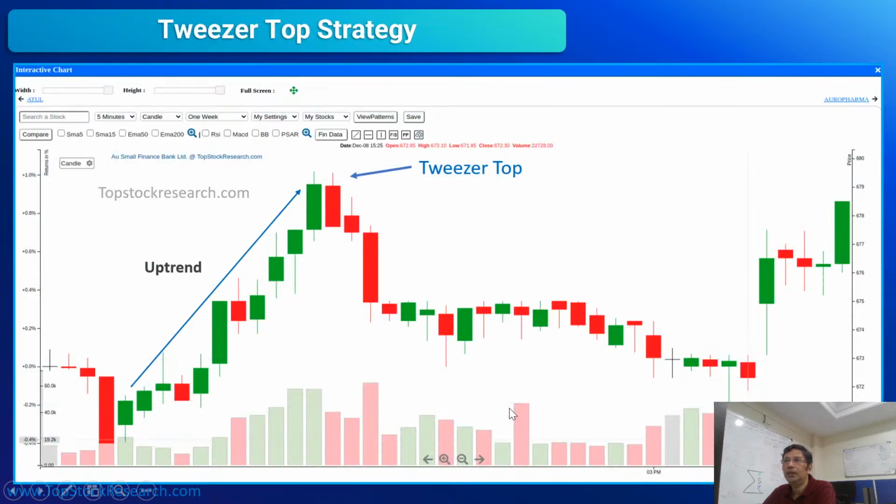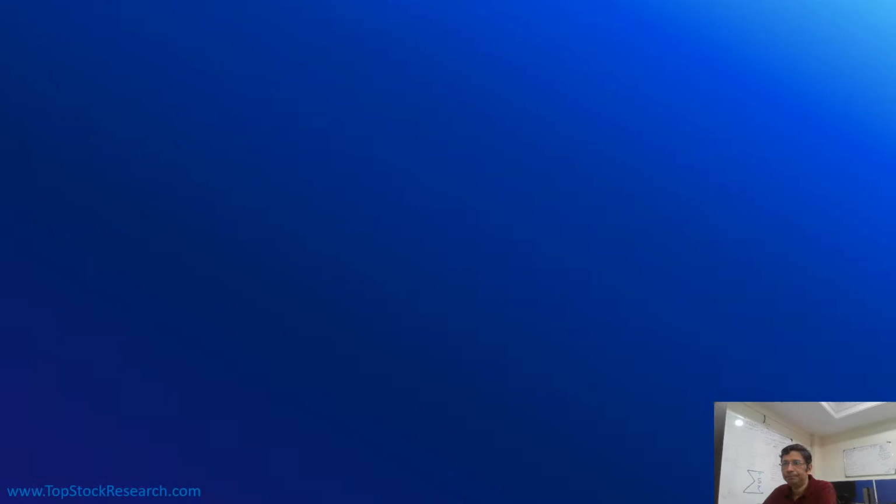Another example, tweezer top. So basically an uptrend, two candles of opposite color, almost the same size, and then the market has come down. Okay. I hope that it's a very powerful one. I want you to really understand it well and use it.